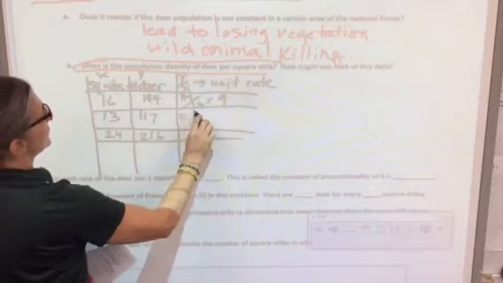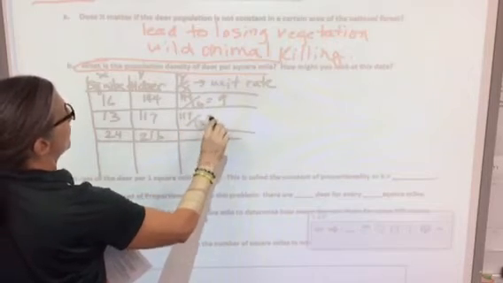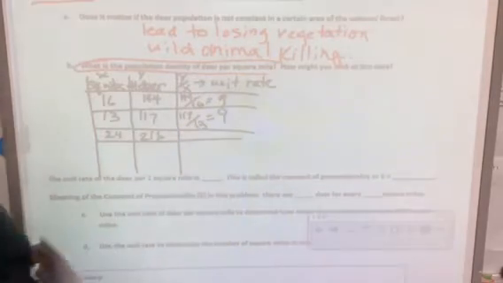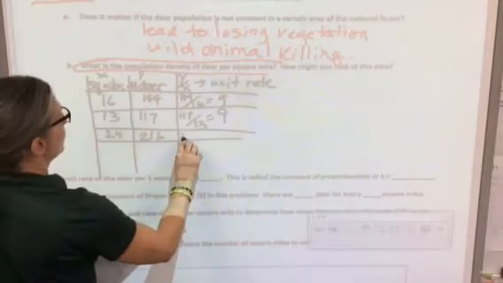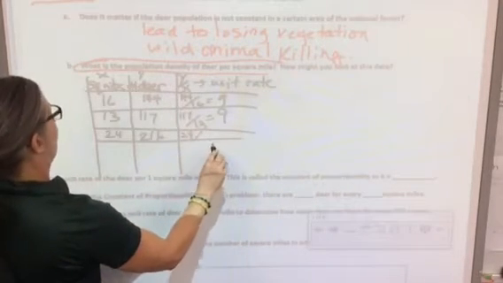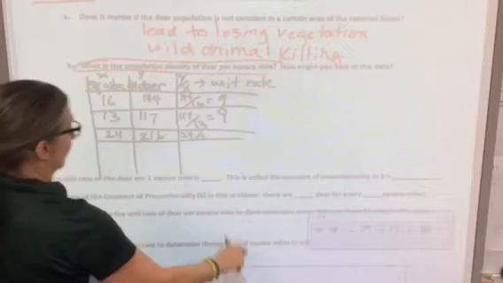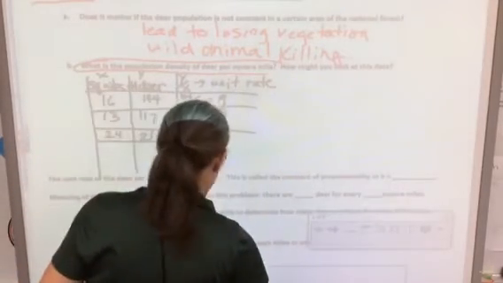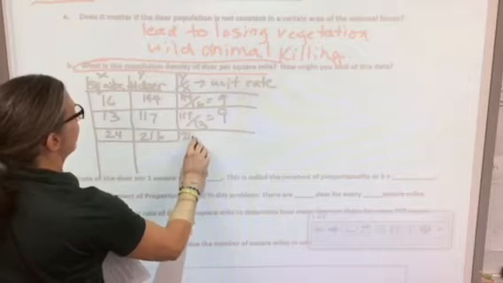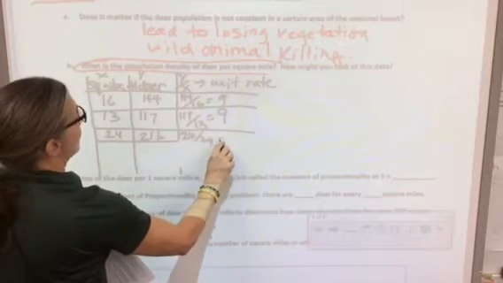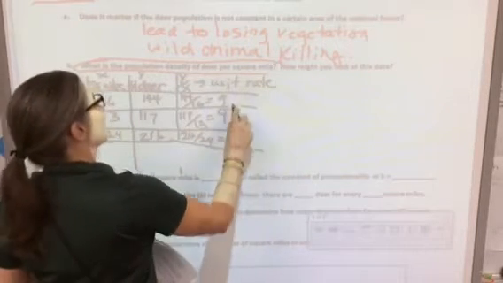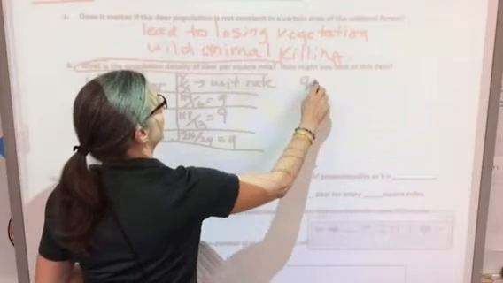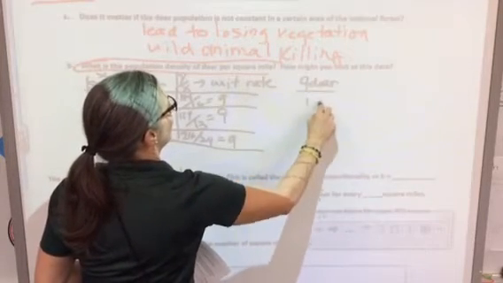And if we do 117 for 13 square miles, that's also 9 deer per square mile. And if we do 216 divided by 24, that's also going to be 9. So there's 9 deer per 1 square mile.